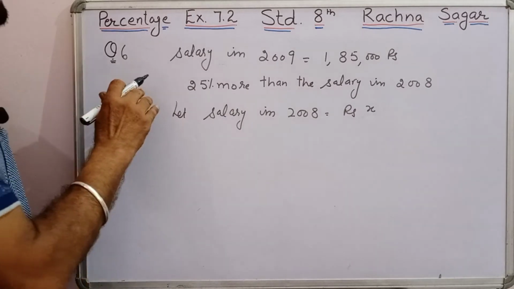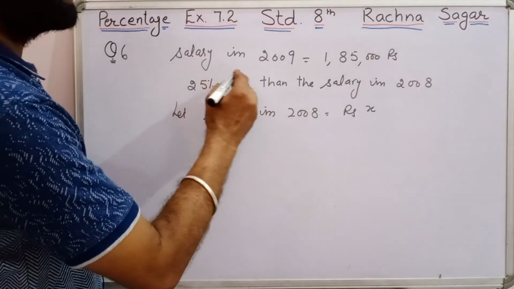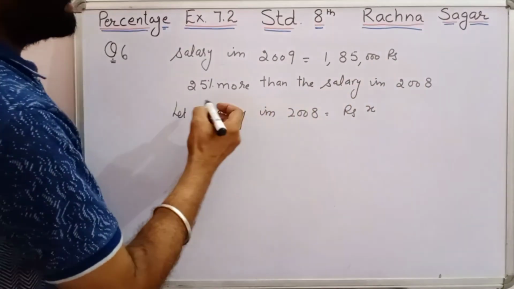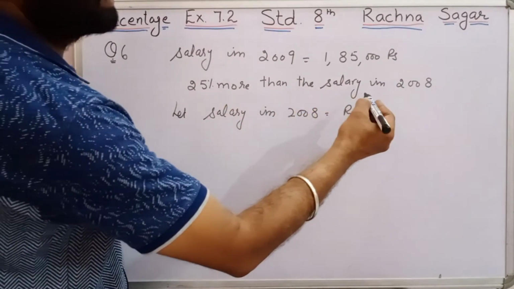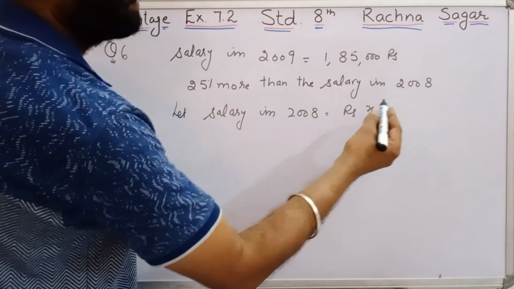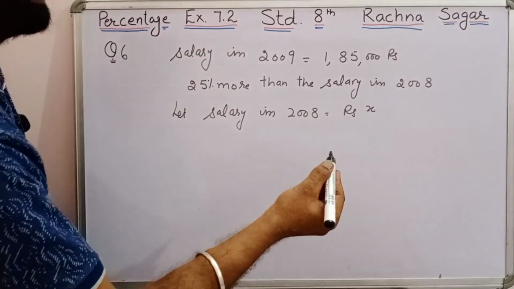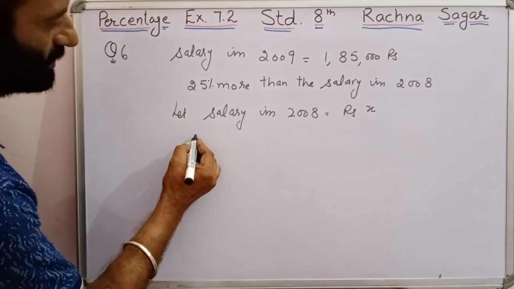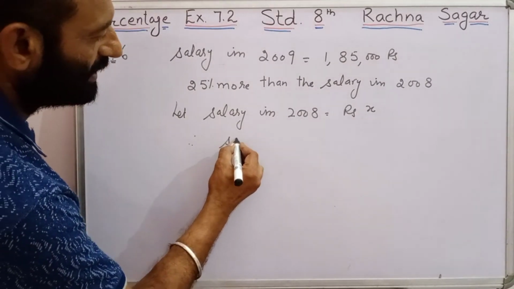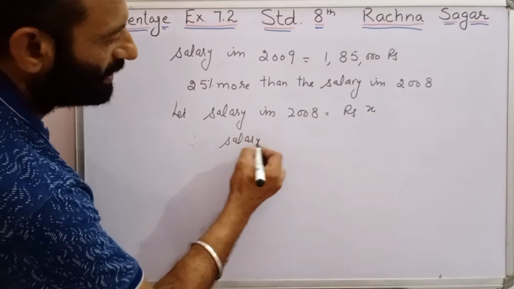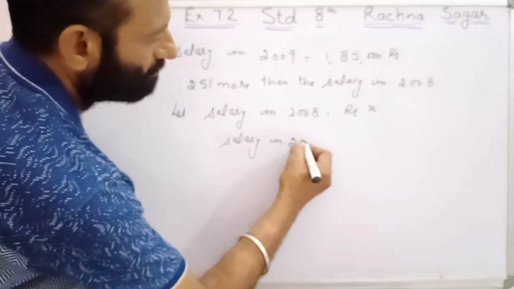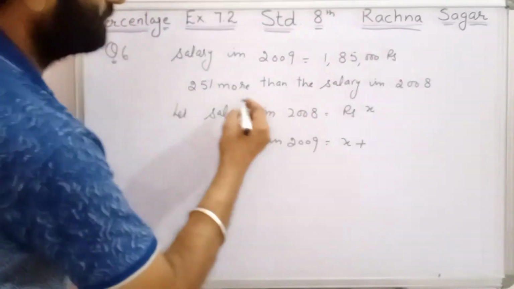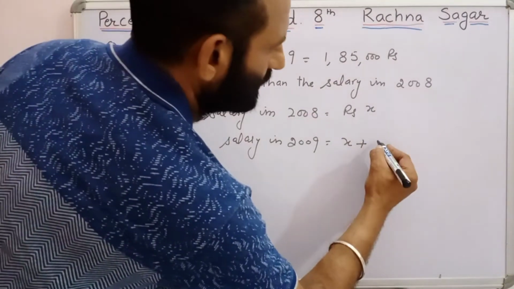Question number 6. A man received his annual salary in 2009 as 1,85,000. It is 25% more than the salary in 2008. What was his salary in 2008? Let his salary in 2008 be rupees X. Therefore, salary in 2009 is equal to X plus, how much rise, 25%.